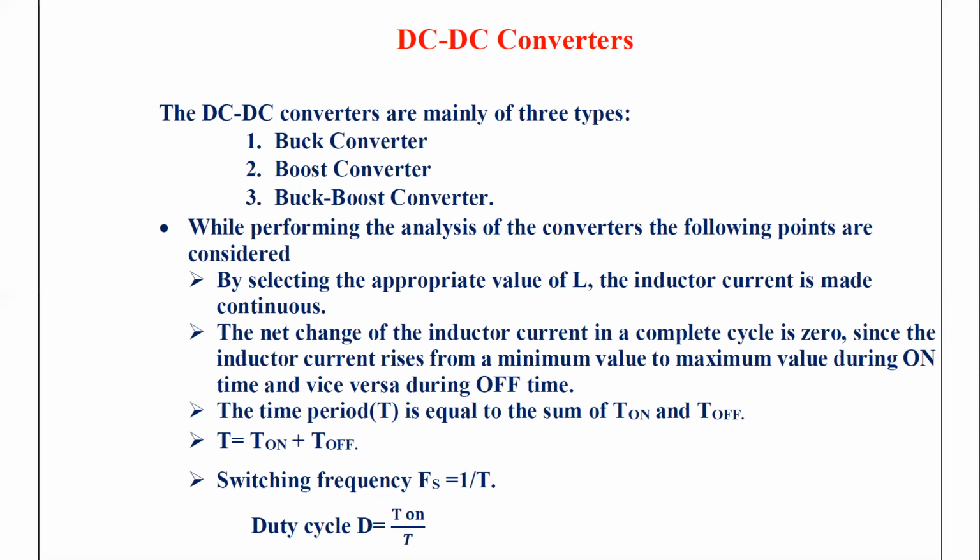Another important condition in these converters is that the net change in the inductor current in a complete cycle is zero. That means during turn on time and turn off time, there will be changes in the currents, but ultimately, after completing one complete cycle, the net change in the inductor current will be zero.